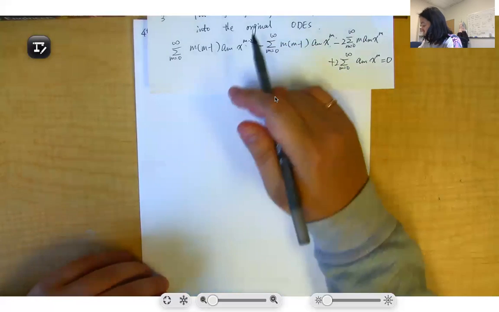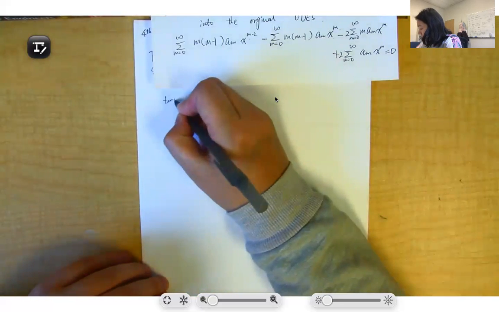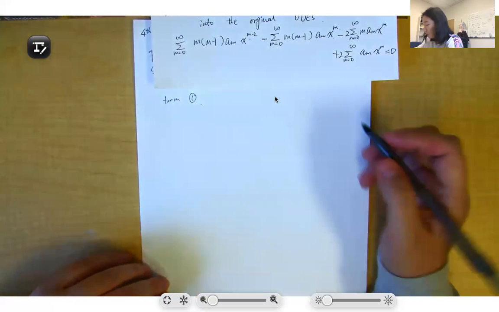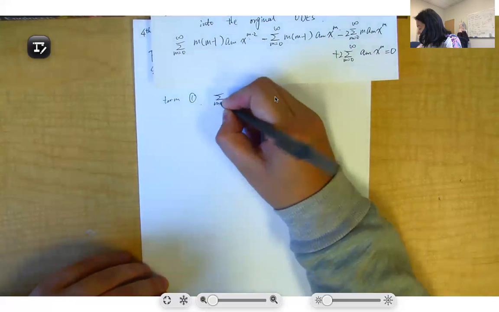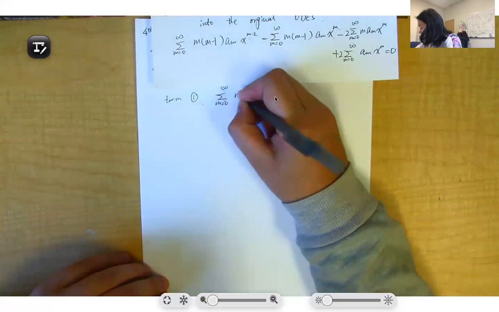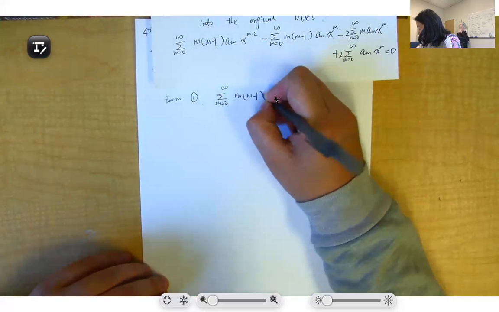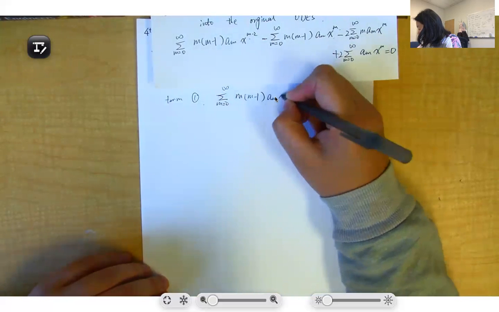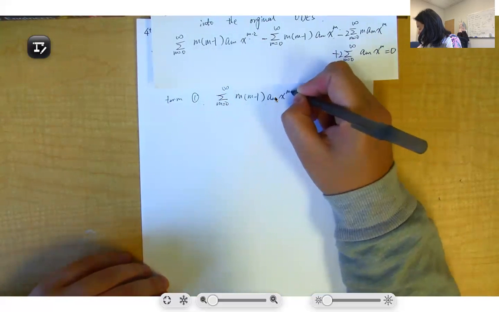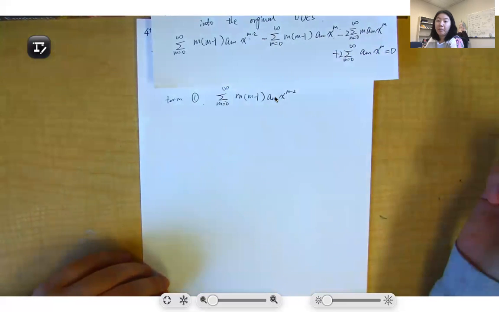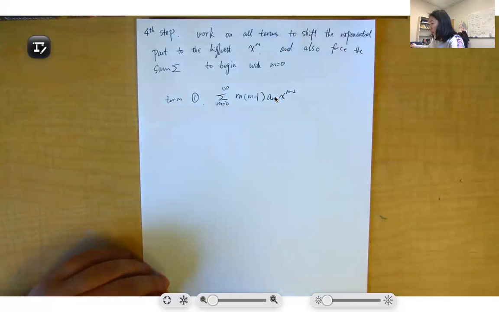So the first term, term 1, in our example, is the sum from m equals to 0 to infinity of m times m minus 1 times a m times x to the m minus 2. And how we do that?